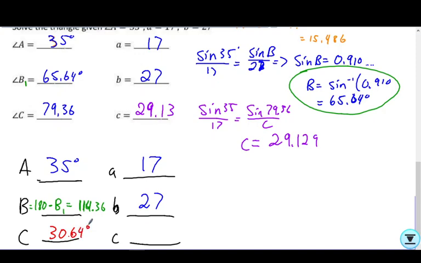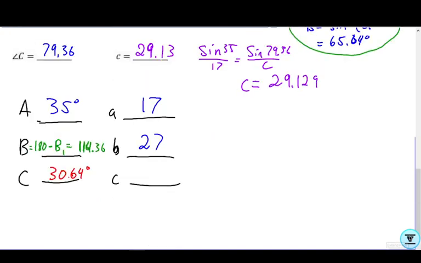Okay? And now that I have angle C, I can use that to find side C. Again, I'm going to set up my law of sines and use the exact same ratio I've been using this entire time. Notice that this first one is the same all the way through all of my examples. I haven't changed my ratio at all.